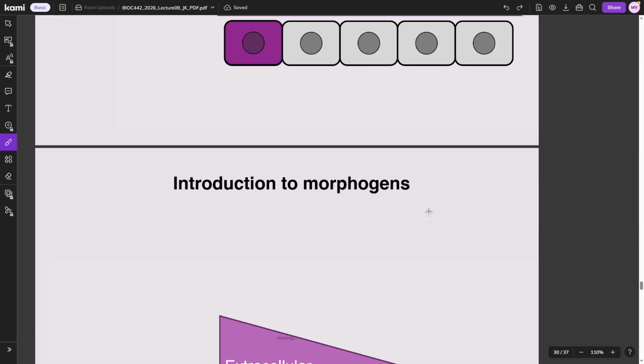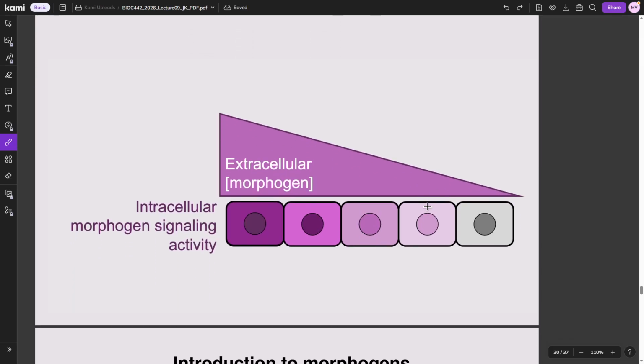And so these morphogens actually bind to receptors on these neighboring cells and change the fate of these cells. So these extracellular morphogens bind to these cells. Maybe they bind through an RTK, maybe they bind through some other GPCR pathway, but they basically bind and they result in different fates. So this dark purple cell has high concentration.